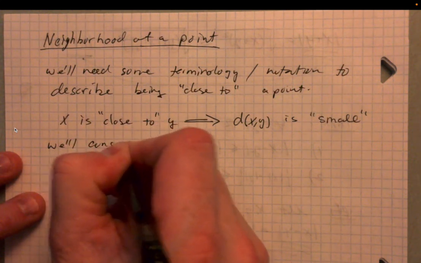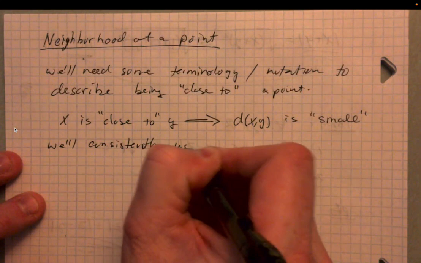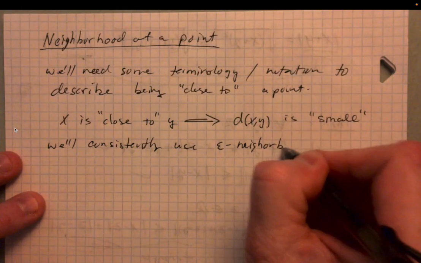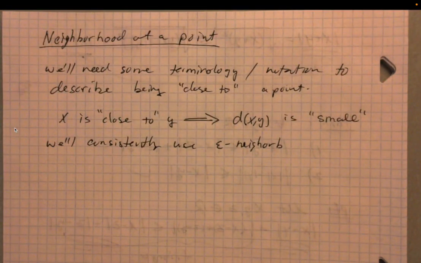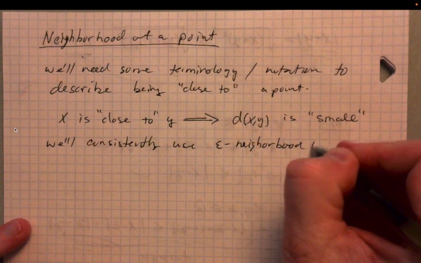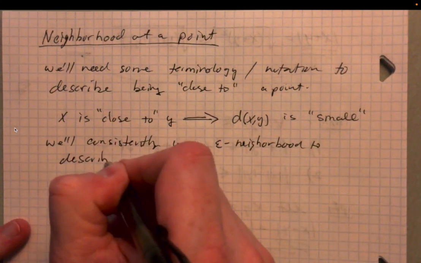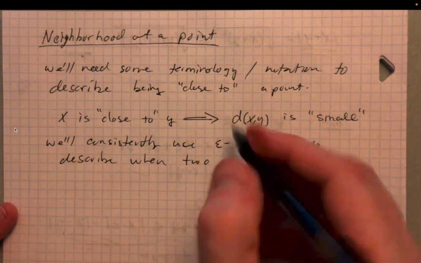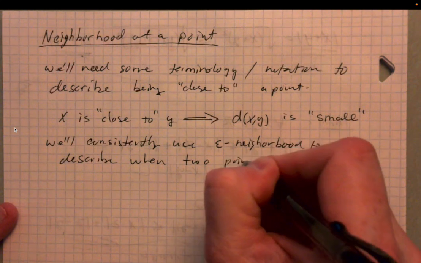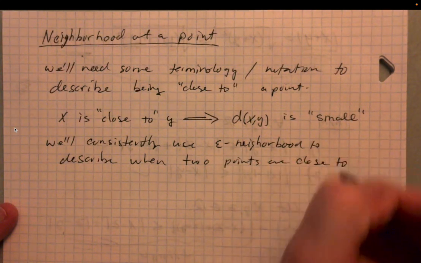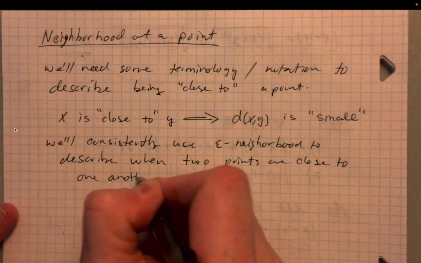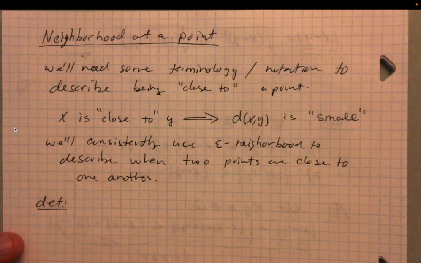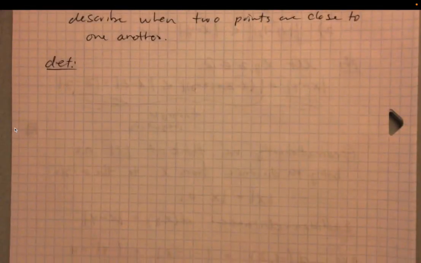We'll consistently use the epsilon neighborhood to describe when two points are close to one another. Okay, and so let's define an epsilon neighborhood quick.